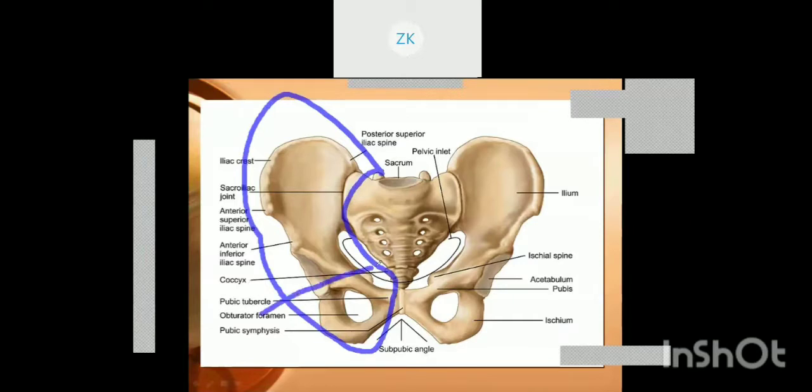We'll be talking about it. You can see now: the ilium, the ischium, and then the pubic bone. Okay, so now let's see one by one. Let's study the innominate bone.